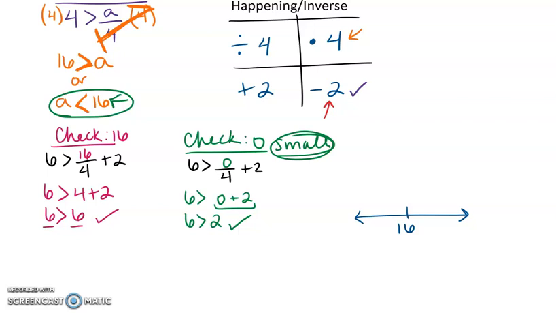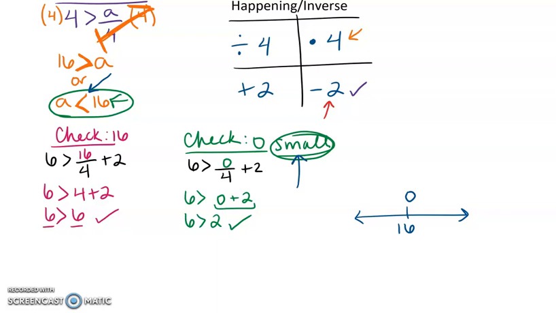So I need to figure out if this is going to be an open circle or a closed circle, and because it's just less than, it's going to be an open circle. If it was less than or equal to, it would be closed, but it doesn't have that equality. 16 is not technically actually one of our answers, so the open circle signifies that. And remember, we said that the answer had to be smaller.